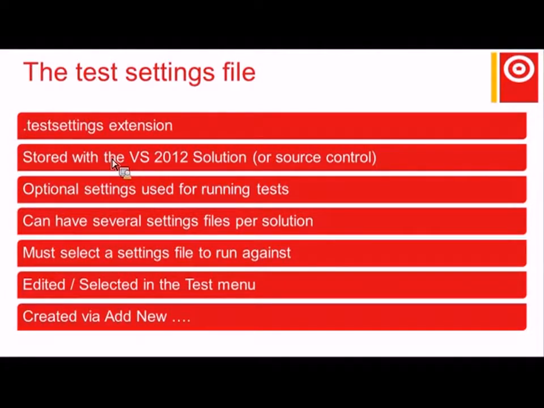You might have one for running the tests locally on your machine whilst you're preparing the tests, and another which you wish the real testers to use when it's into production testing. When you've got a test settings file, you must select which of the files you're going to use, and you can change them as you need them, and in 2012 you create them, as I'll demonstrate in a little while.